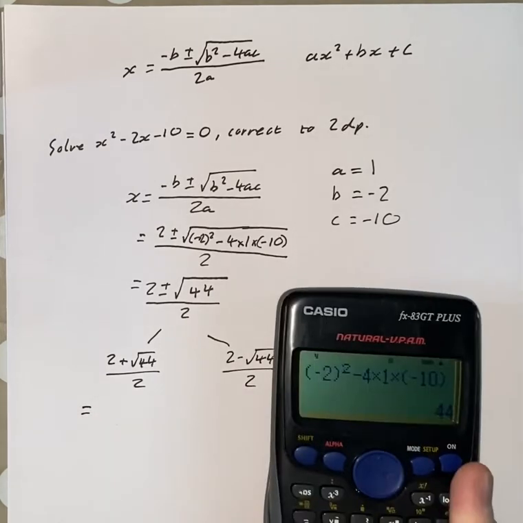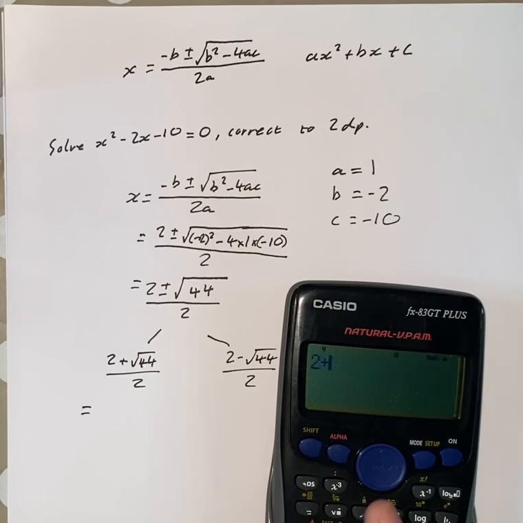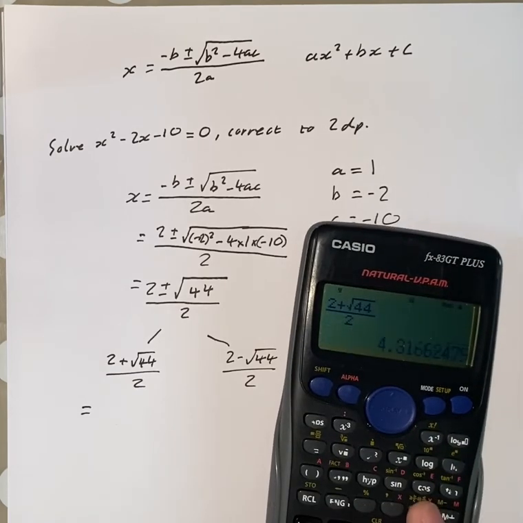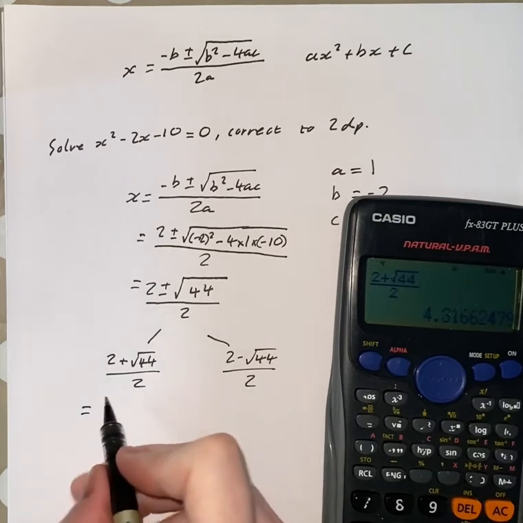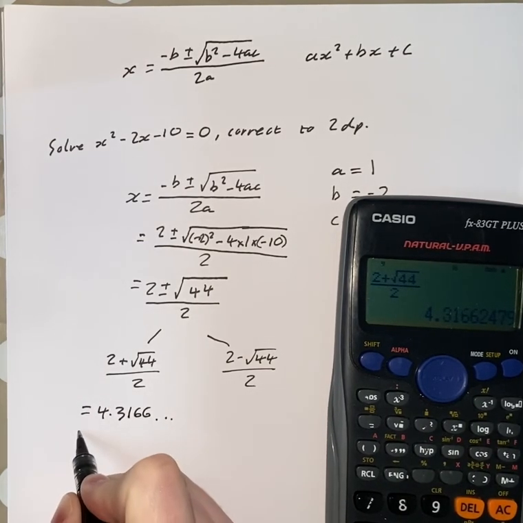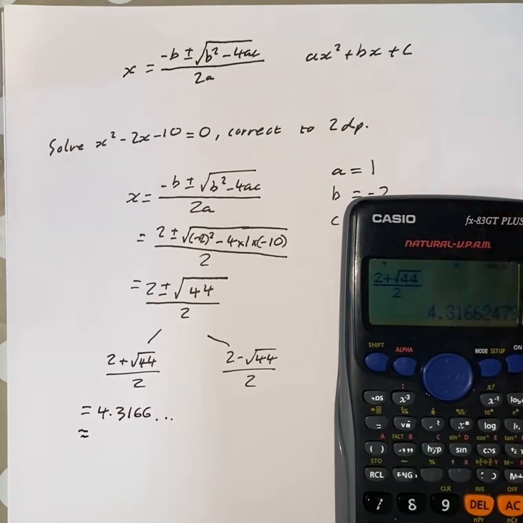From there you just key it in, so 2 plus root 44 all over 2 gives us 1 plus root 11, but we'll call that 4.3166, and it continues on for a bit. Remembering that the question said 2 decimal places, so we're going to say 4.32.